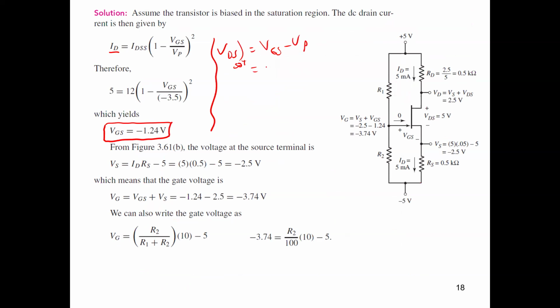So this would be now minus 1.24 minus 3.5 volt. So this would be a relatively small value.